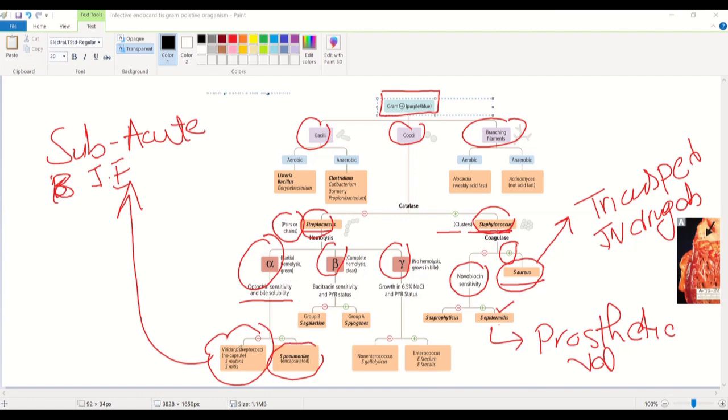So this viridans streptococci, Strep mutans, has a special thing that is known as dextran. This dextran is a carbohydrate. So that helps it attach to cardiac valves. So very high yield stuff, very, very high yield stuff.